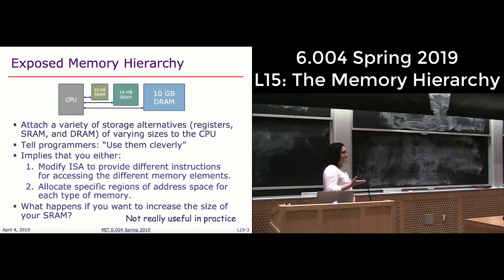In addition, there are a couple of implications that come from this exposed memory hierarchy. The first is that it's one or the other. Either you have to change your instruction set architecture to provide instructions that allow the programmer to say, this piece of data should be stored in the fast SRAM, but this piece of data should come from my medium-sized SRAM.